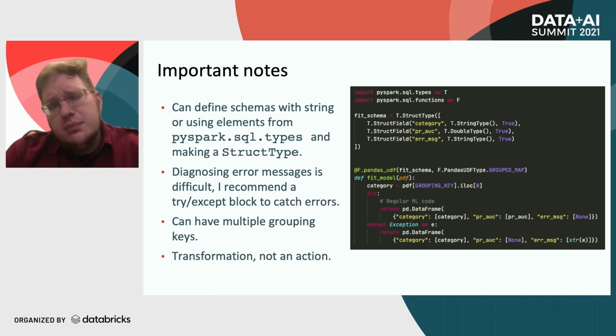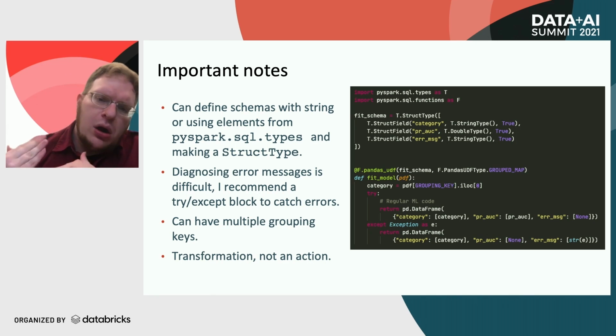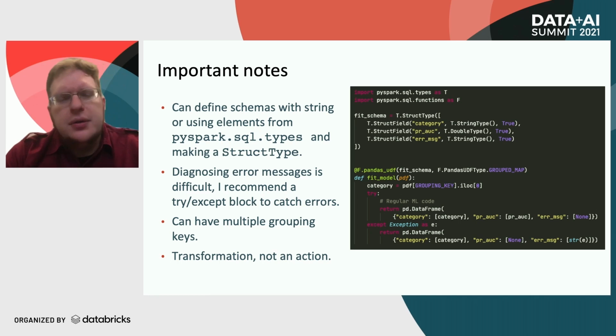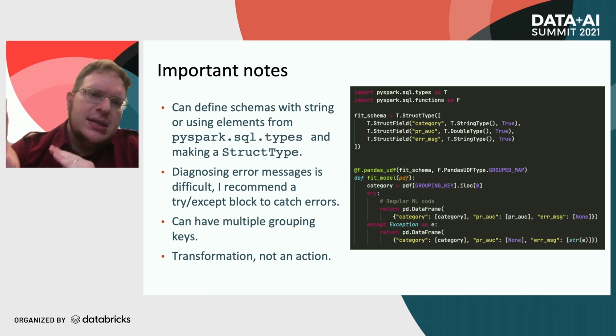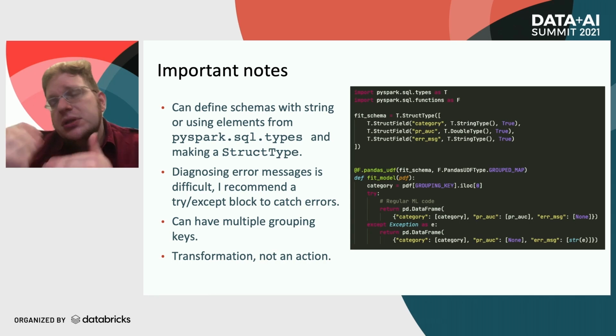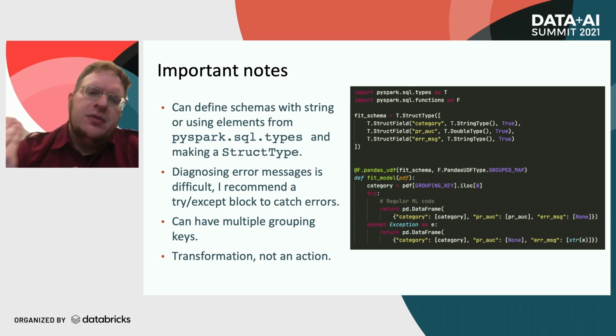After I've run my code, run my PandasUDF, I will look back at that metadata table and see, is this error message column all null, or are there values where we had an error? If that's the case, I can either filter those things out, or I can go back and test my function with the categories that gave me an error and try to diagnose what went wrong and how I can fix it.